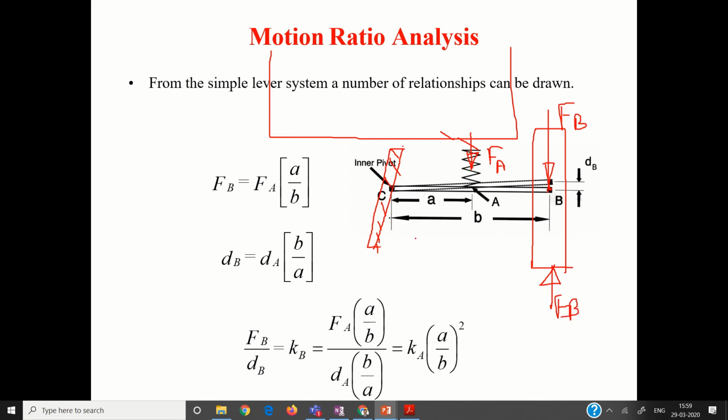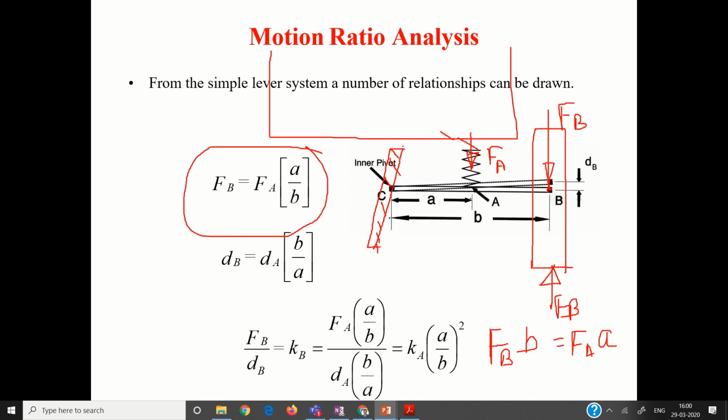Reaction. So FB into B is equal to FA into A. So FB is equal to FA into A by B.